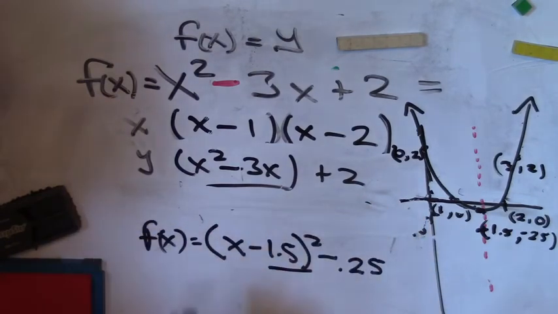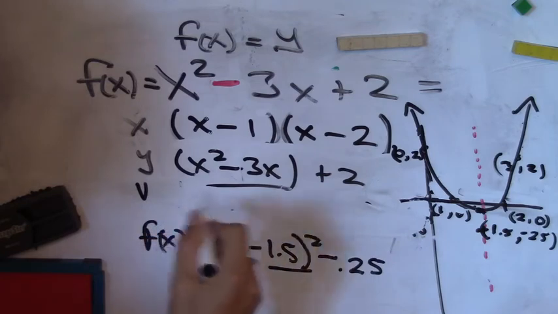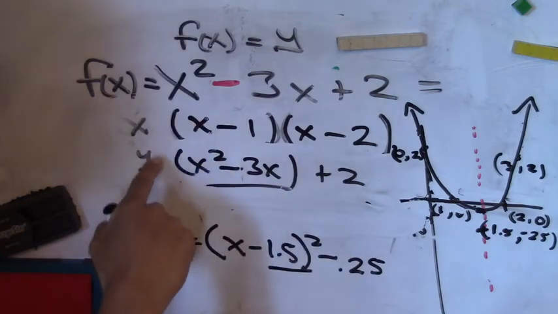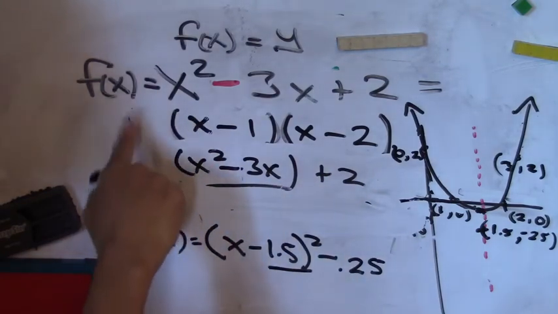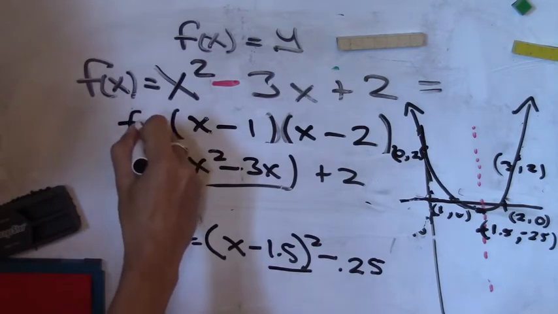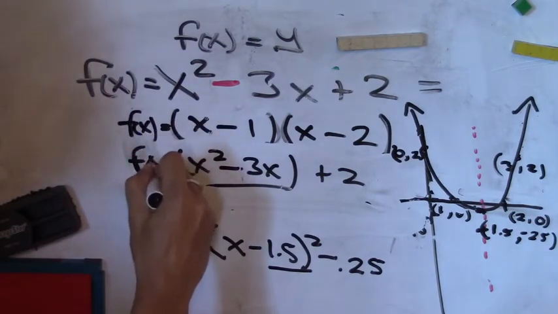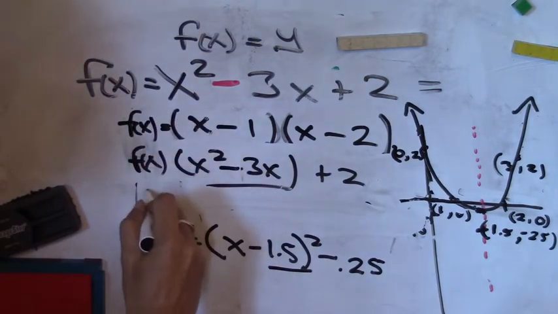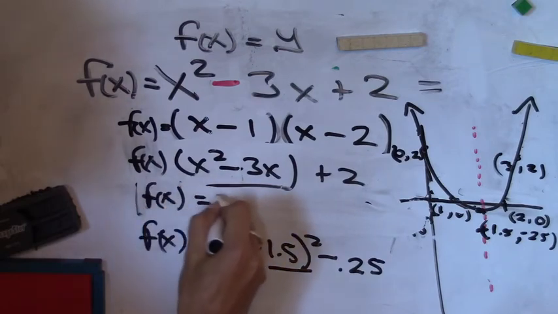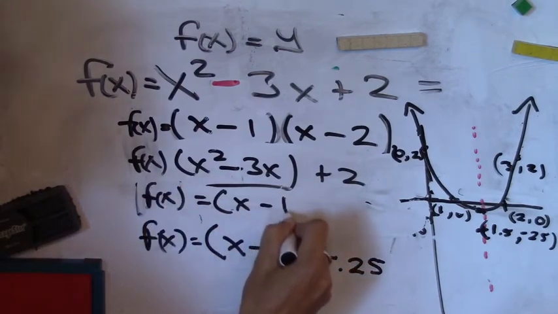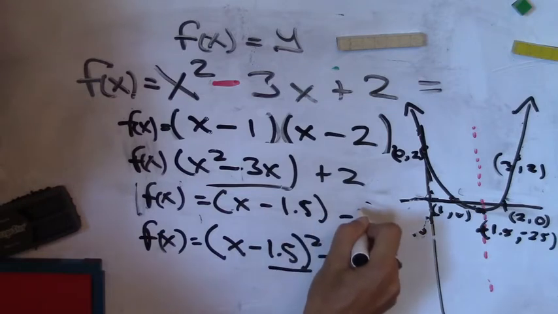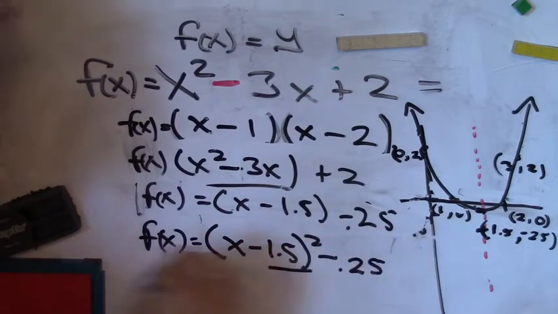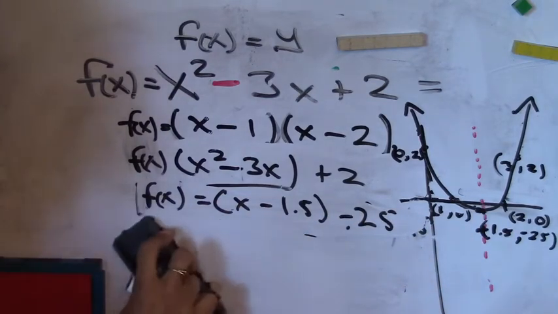There's my v. And each one of these is f of x, right? Let's find the algebra purists out there. There are the 3 forms.